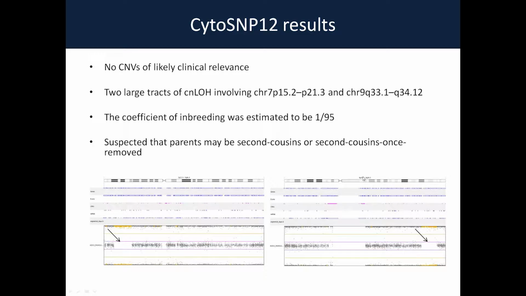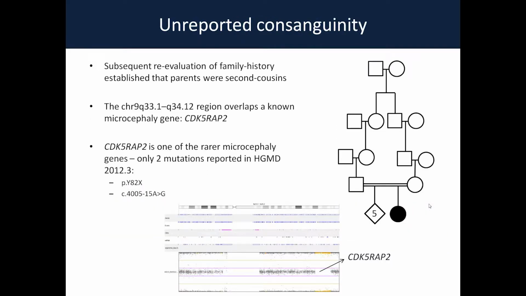Initially we thought this was strange because the parents were meant to be non-consanguineous, but we added up the sizes of these 2 regions and worked out the coefficient of inbreeding, which suggested that the parents may have been something like second cousins, or second cousins once removed. So we went back to the clinician, and they sent us this pedigree. This confirmed that we were right, the parents were second cousins.